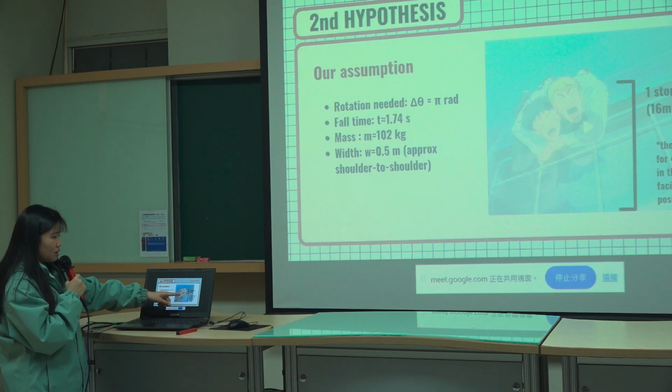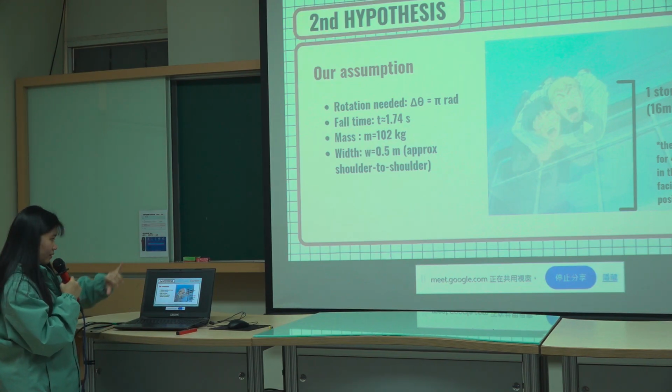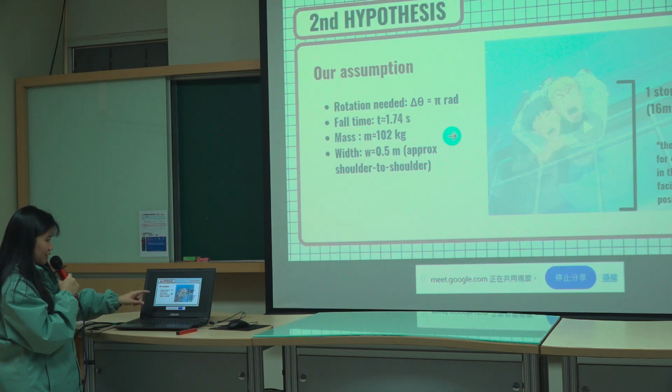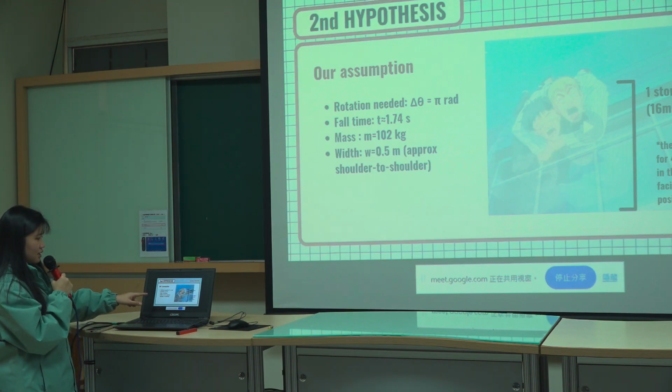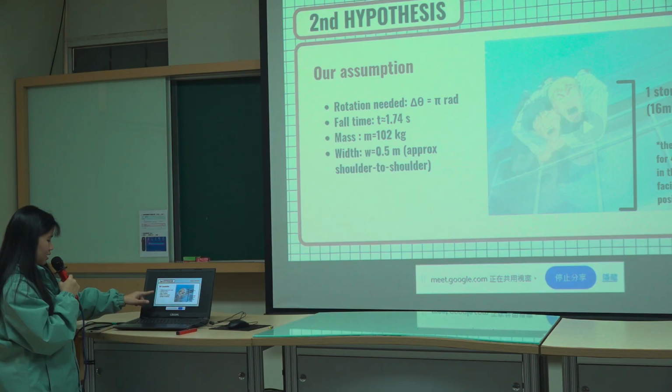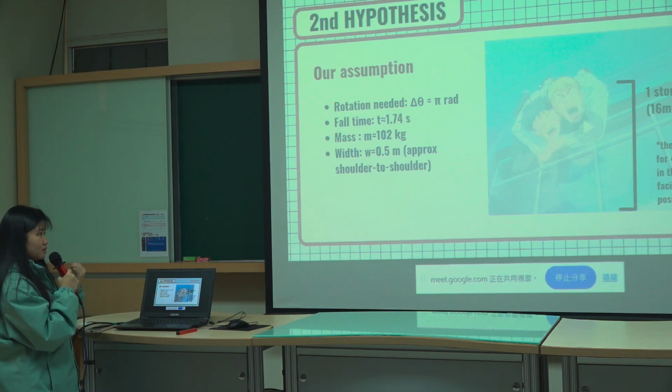facing the ground after 4 meters, after one building, after one floor, and then the rotation needed is 180 degrees. It's like pi radian, and the fall time is 1.74 with the air drag.